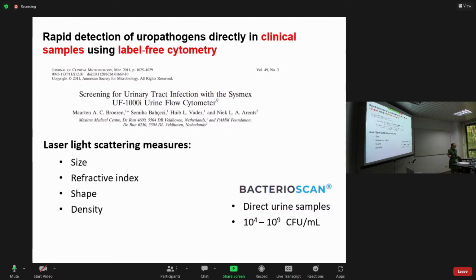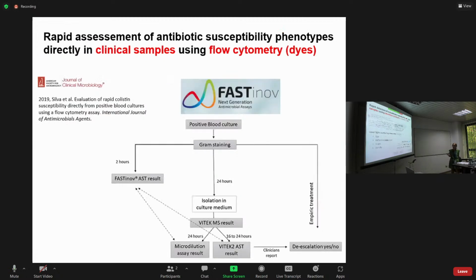So in urine, it is not by chance that this was the first test that was introduced, because urine, and our colleagues from the microbiology laboratories could confirm, is probably the most frequent clinical sample analyzed in the laboratories. The uropathogens are detected based on their size, refractive index, shape, and density.